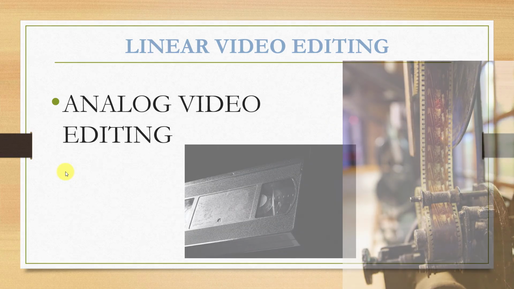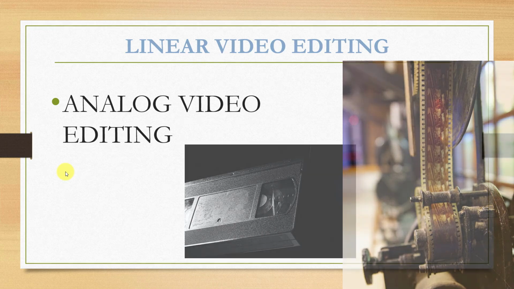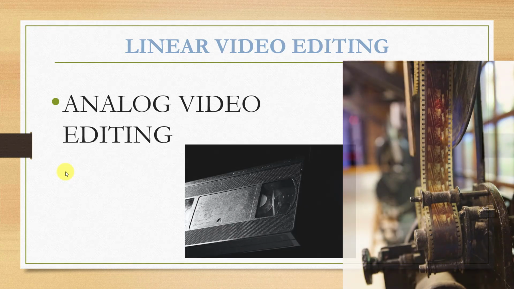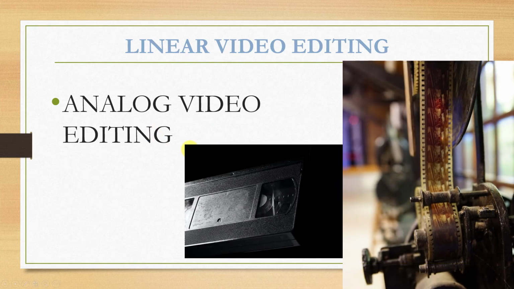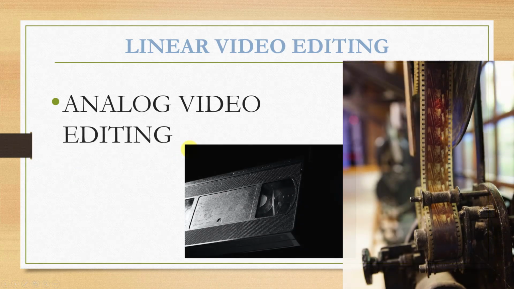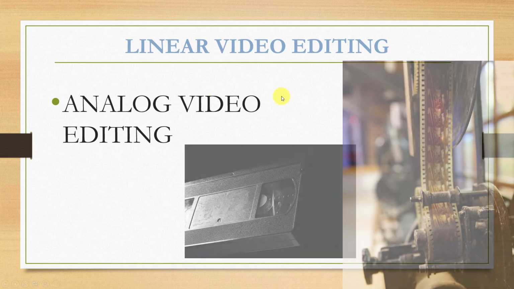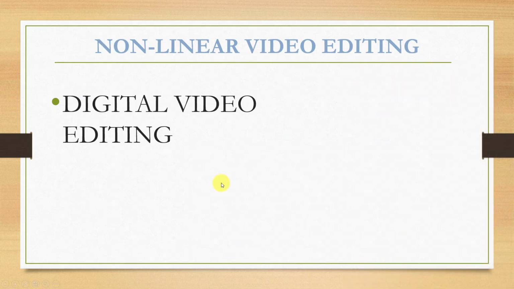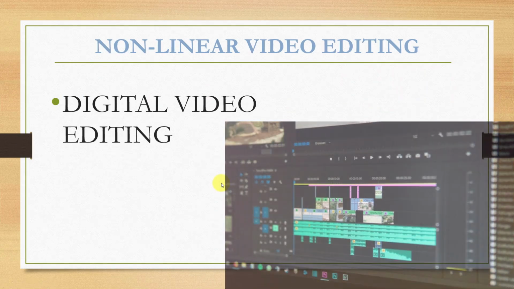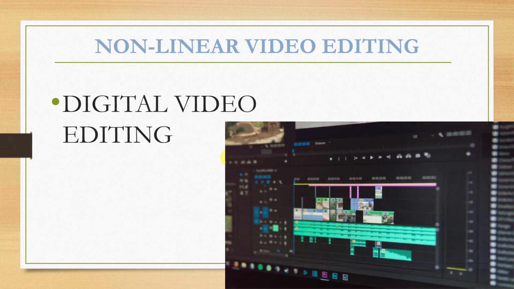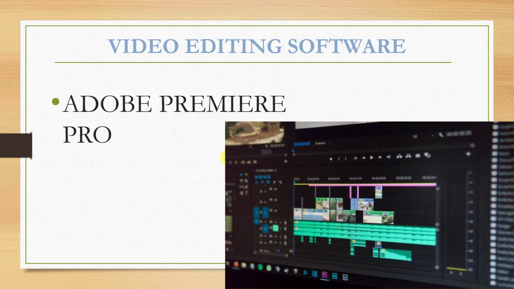So these are the two types of video editing process we have. Analog video editing is linear video editing, which I explained in the previous method. We do not use any software for linear video editing, which is also called analog video editing, because it does not involve any computer or digital software. As I told you, non-linear video editing is called digital video editing, which means we use data in digital form, zeros and ones, on a computer or any other digital device.